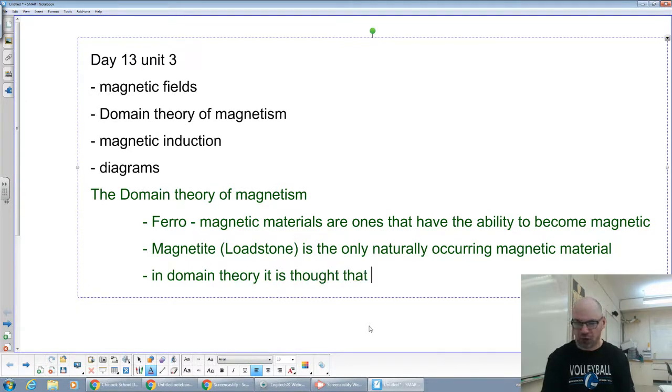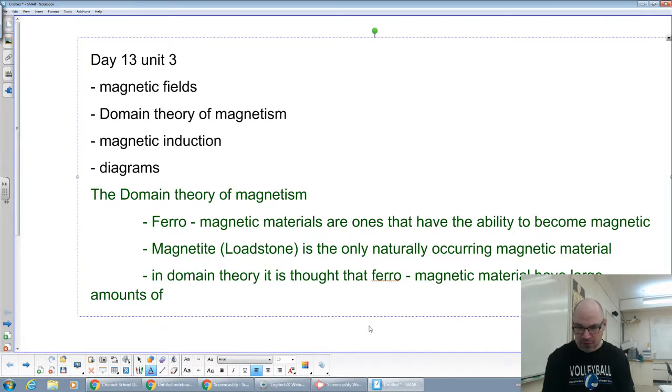that ferromagnetic materials have large amounts of atoms that act as mini poled magnets called domains.